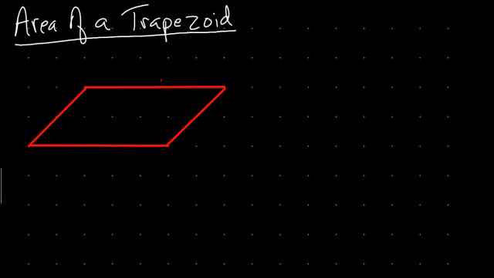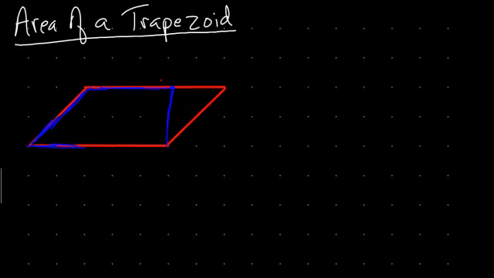Well, a trapezoid is simply one where one of these pairs is not parallel. So the top is parallel to the bottom, but it's not as long. So it just goes to there. So then we have a figure that looks like this in blue.